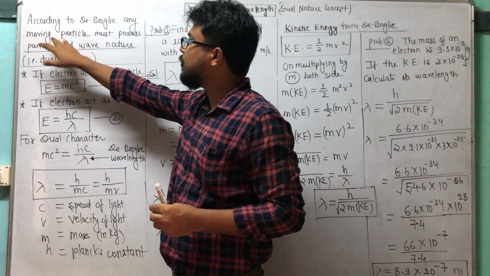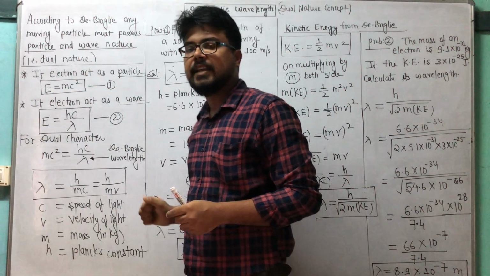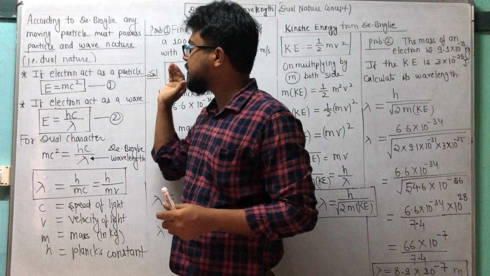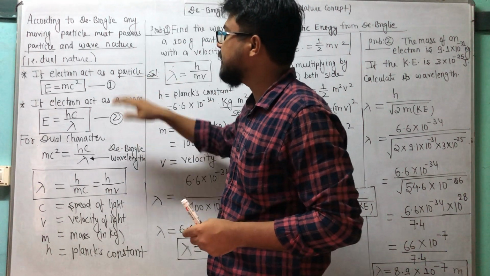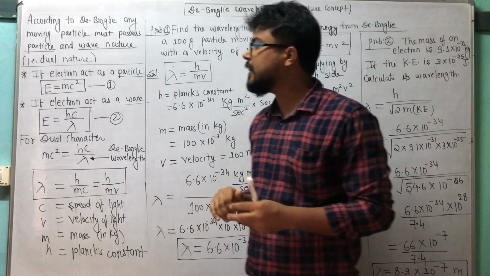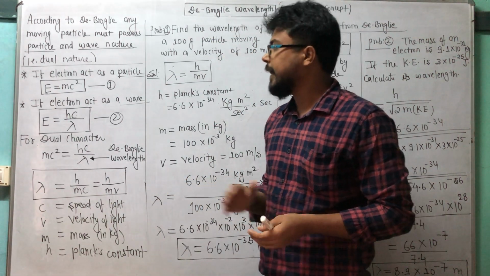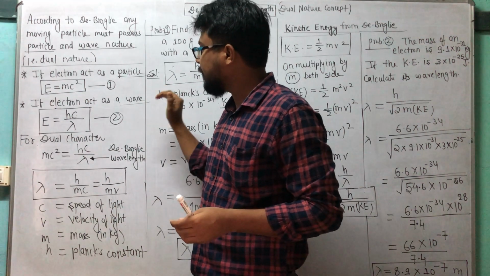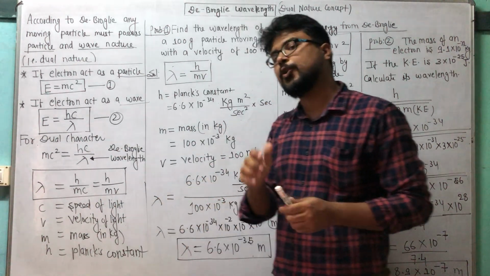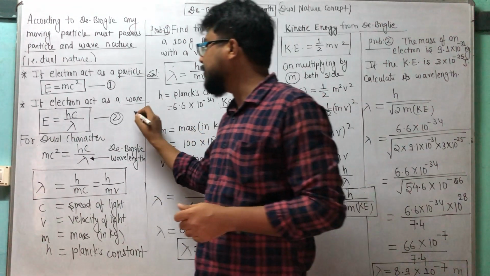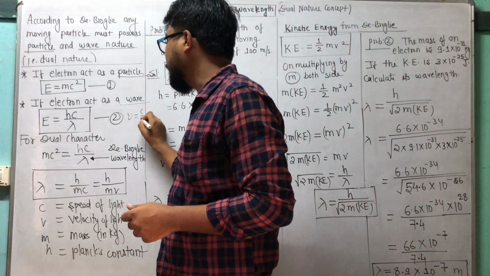Suppose the moving object is an electron, and suppose it is acting as a particle, then its energy will be E equal to mc square. And suppose it is acting as a wave, then its energy will be E equal to h nu, and nu equal to c upon lambda.